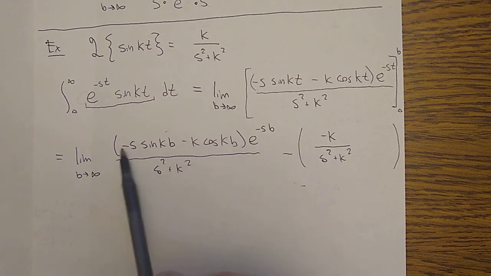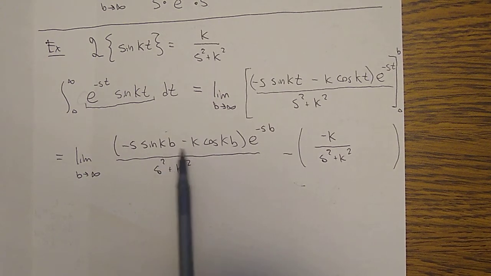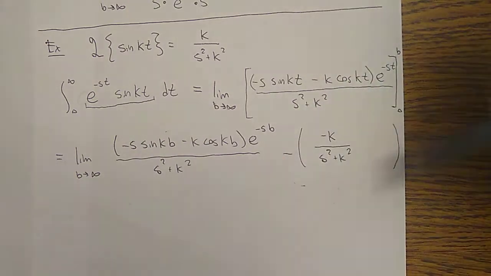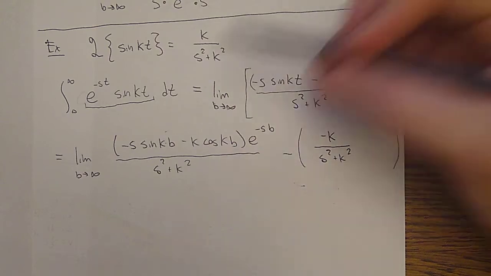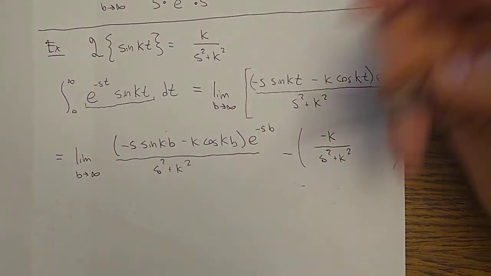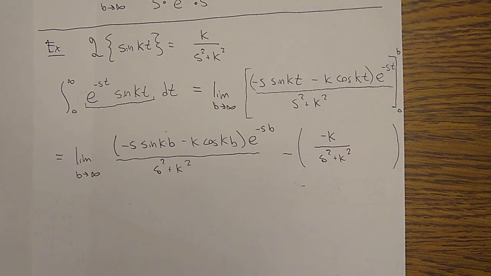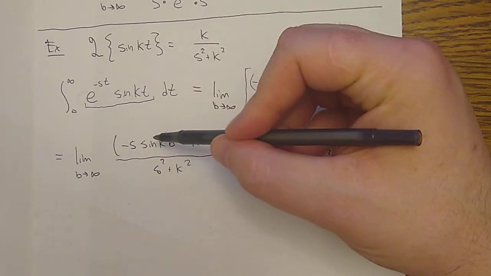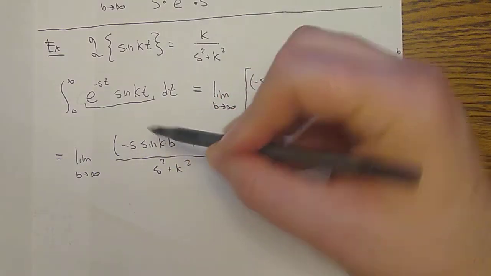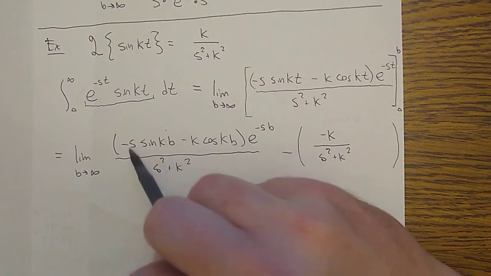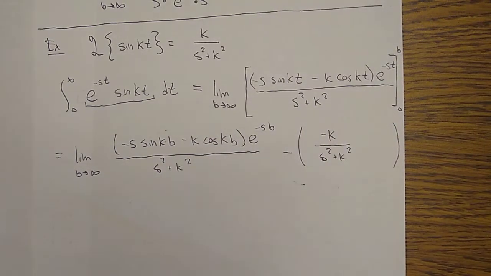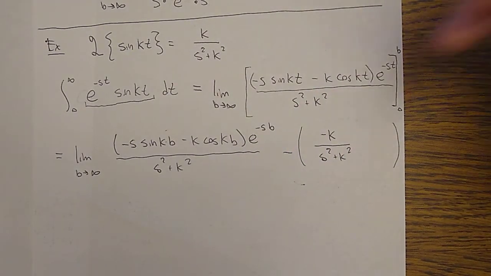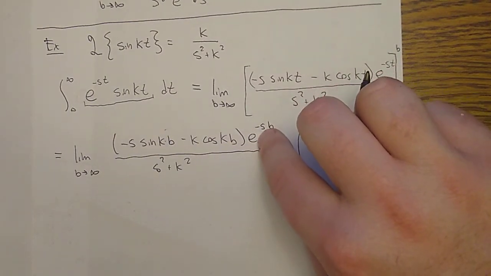This stuff in parentheses is all just periodic functions, these sines and cosines, and I mean periodic bounded functions. Sine and cosine is always between -1 and 1. So this stuff in parentheses is always at most some specific number. This could be at most s, because if it was s times -1, that's the biggest it could be. This could be at most k, because if it was k times -1, that's the biggest cosine could ever be. So this stuff in parentheses is at most a constant, and it's getting multiplied by something that's going to 0.